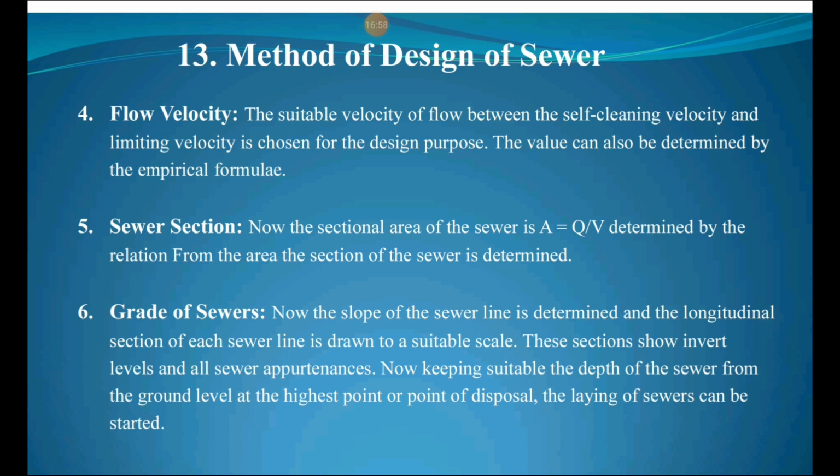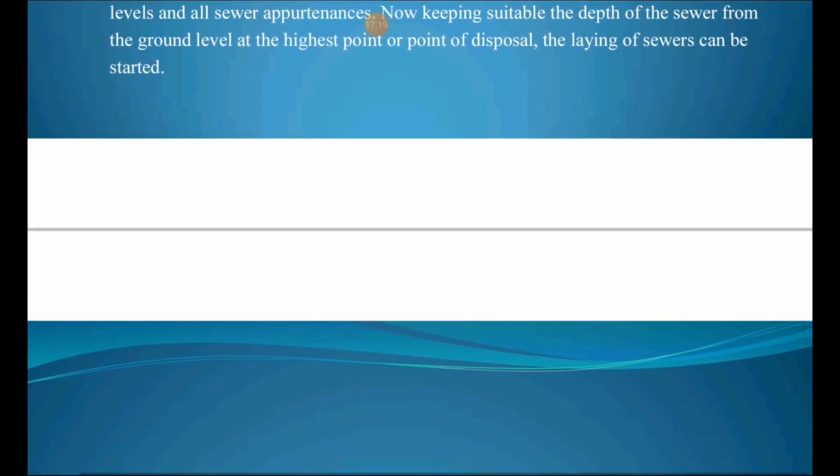Then grade of sewer. Now the slope of the sewer line is determined and longitudinal section of each sewer line is drawn to a suitable scale. These sections show invert levels and all sewer appurtenances. Now keeping suitable depth of the sewer from the ground level at the highest point or a point of disposal, laying of the sewers can be started.